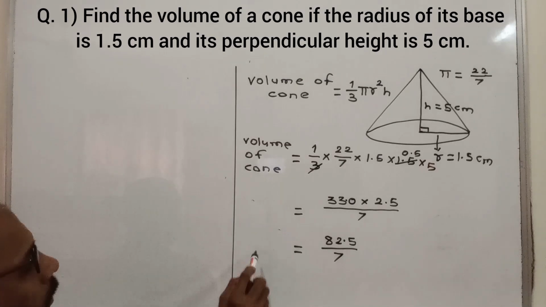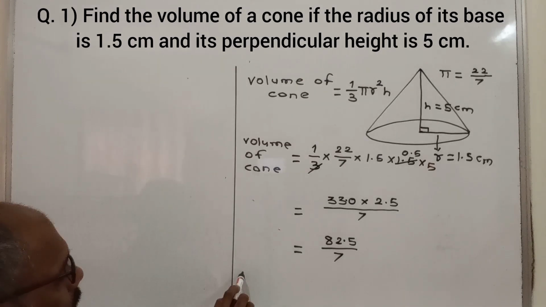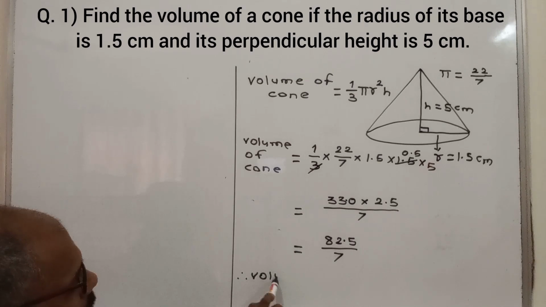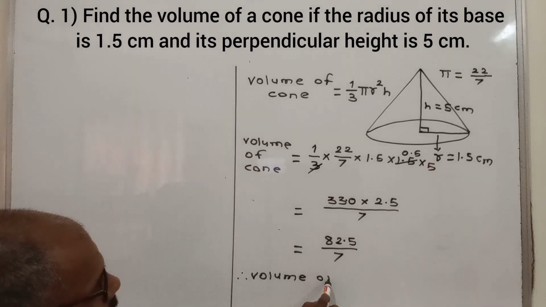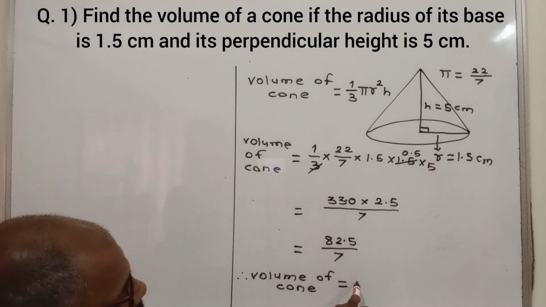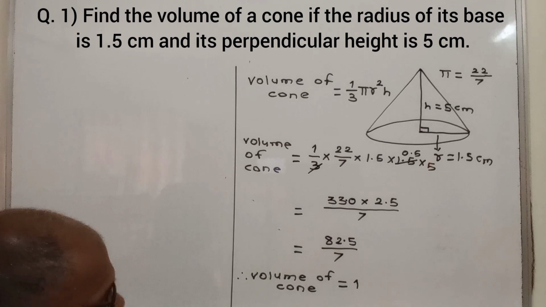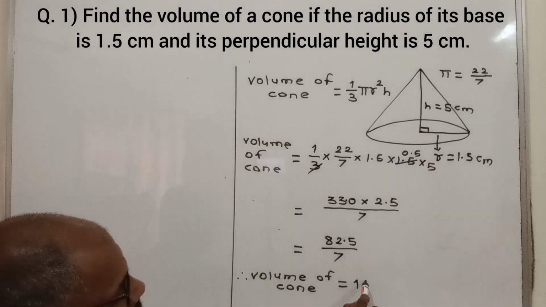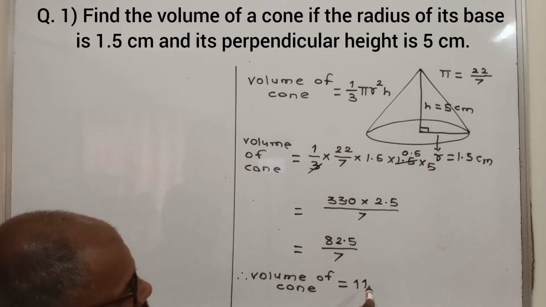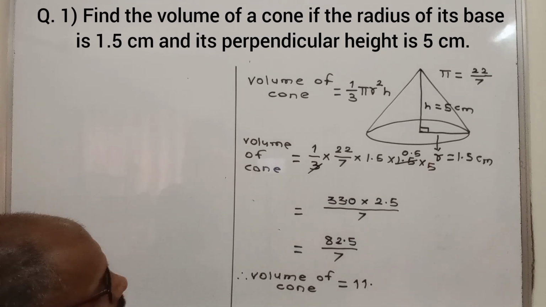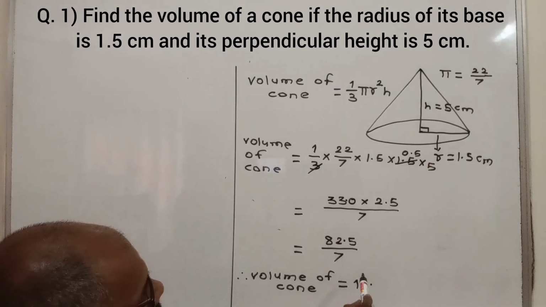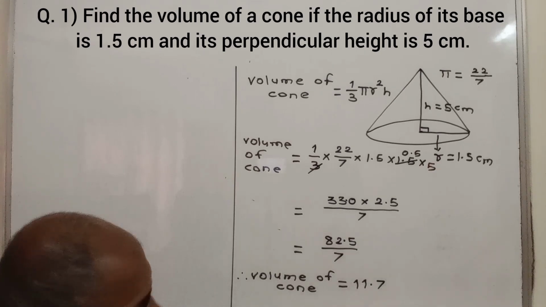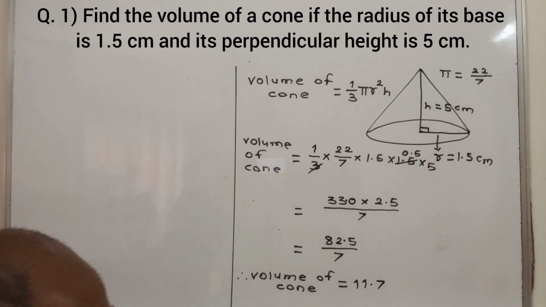Now, therefore, we finally write here volume of cone is equal to 7 ones are 7, 7 ones are 7, then left 5. Okay, decimal point. Then we take 5 here. Then 7 sevens are 49.